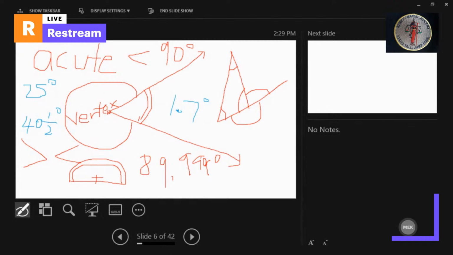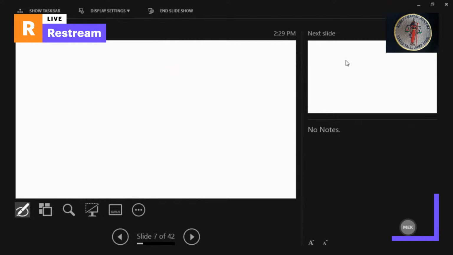So now we go to the next in line, which is the right angle. The right angle measures exactly 90 degrees, nothing more, nothing less. Exactly 90 degrees.